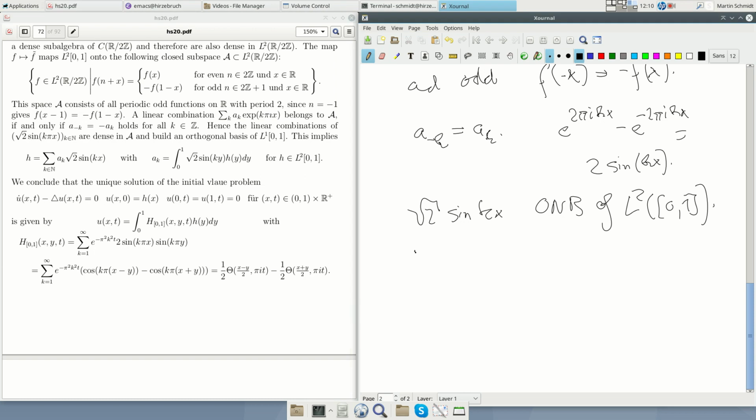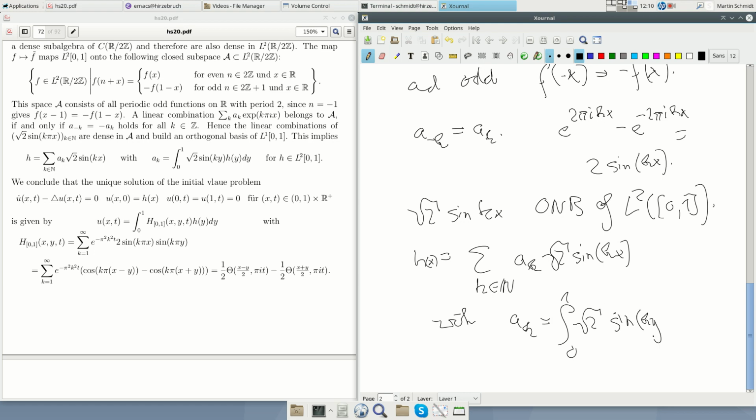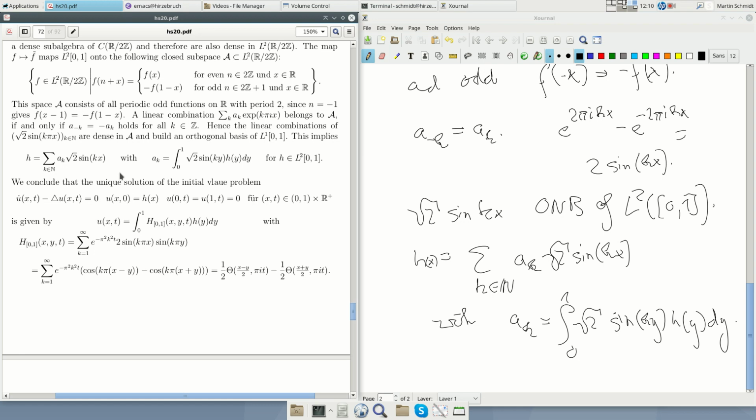So for all h, we have h(x) is equal to the sum over k in the natural numbers of a_k times square root of 2 sine of k pi x, with a_k equal to the integral from 0 to 1 of square root of 2 sine of k pi y times h(y) dy.